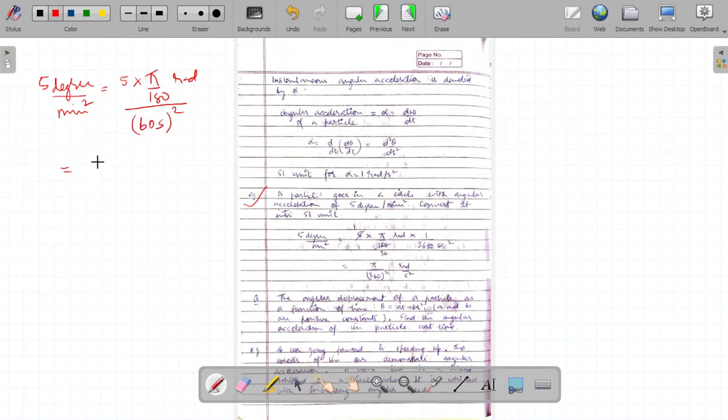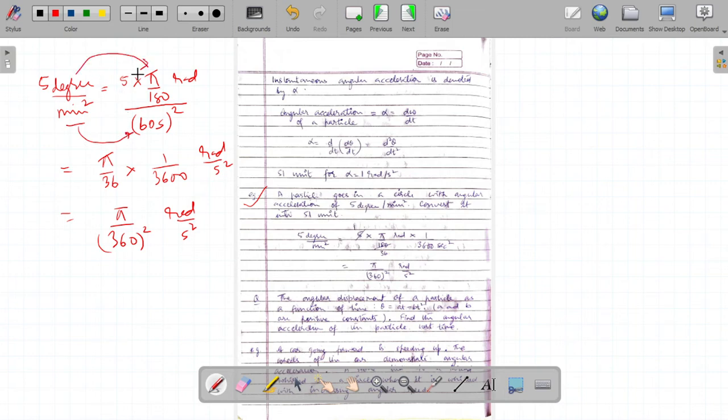So this would come out to be pi by 36 into 1 by 3600 radians per second square, or this can be written as pi by 360 squared radian per second square. So we converted 1 minute into seconds and 1 degree into radians, and we were able to convert angular acceleration to its SI unit. And by this exercise we were able to determine the SI unit of angular acceleration also.